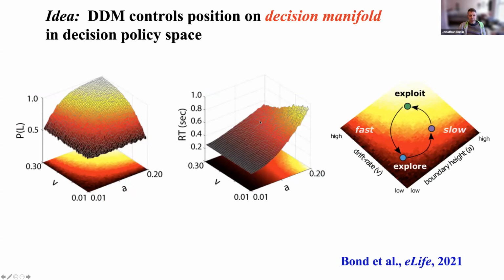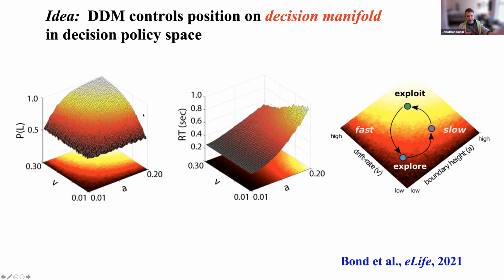And so we can ask, are we favoring speed? Are we favoring accuracy? Here, looking at this 2D view, forgetting about the other two parameters, by manipulating the speed of evidence accumulation and boundary height, we can move to a high accuracy regime or a low accuracy regime. We can change our reaction time.